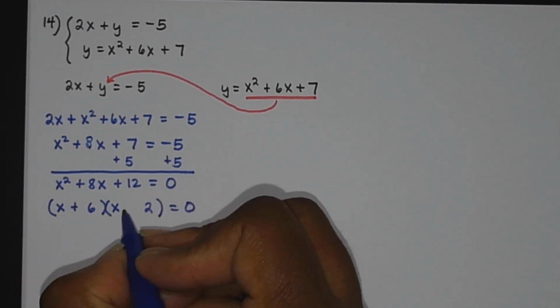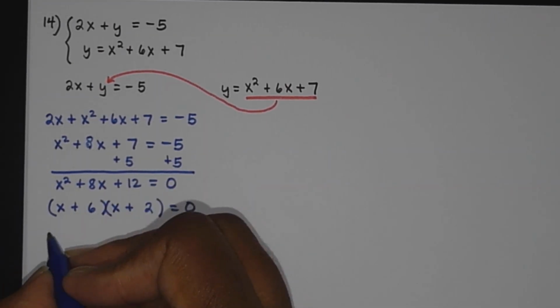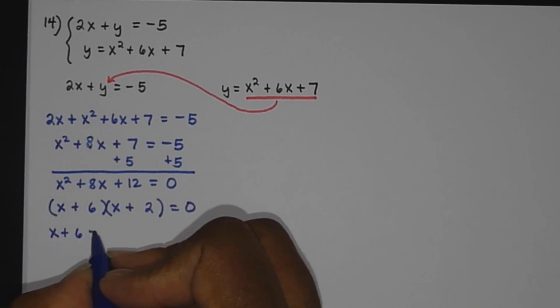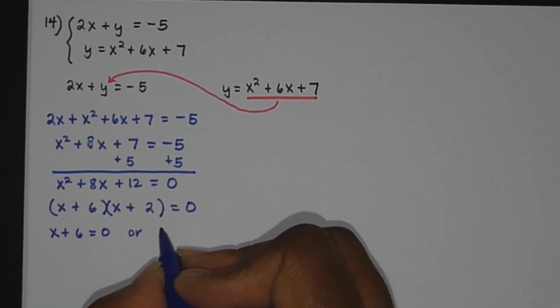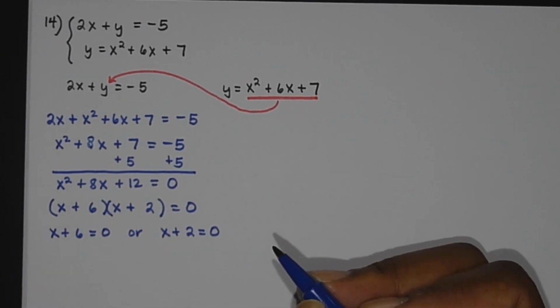And they both have to be plus because the middle term is plus and the last term is a plus. So it'll be x plus 6 times x plus 2 is equal to 0. And then we set each binomial factor equal to 0. So this means x plus 6 is equal to 0 or x plus 2 is equal to 0.